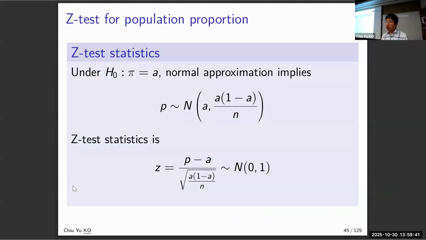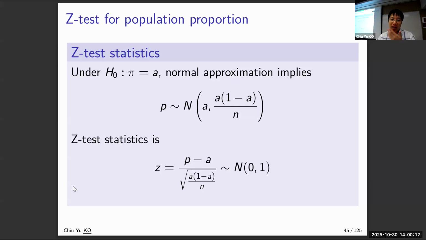Now the new material is something you would not be surprised to see: we want to do proportions, right? We hypothesize the percentage, say the population proportion, say how many people like statistics class. Maybe A is 0.1, so maybe only 10% of the class would like statistics.